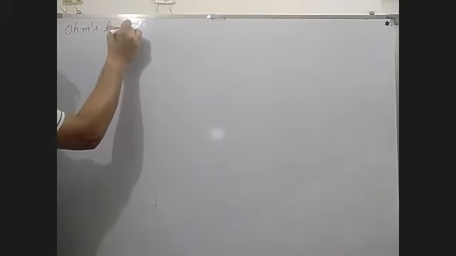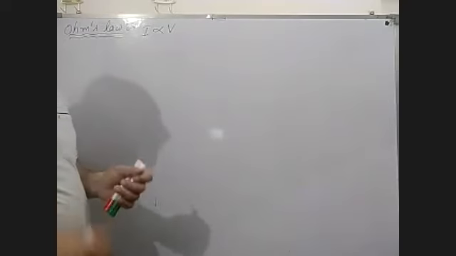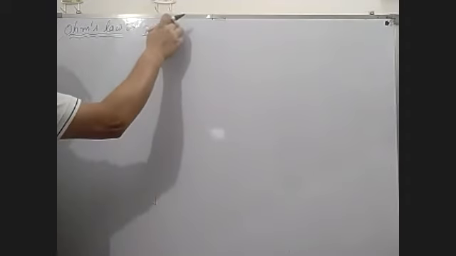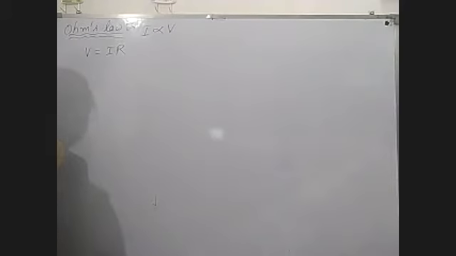Ohm's law. You know very well, it says that the current in the circuit is directly proportional to the potential difference across it, with physical conditions constant. And you can write this in this way also: V is equal to IR, or R is equal to V upon I. Okay, this is the relation.